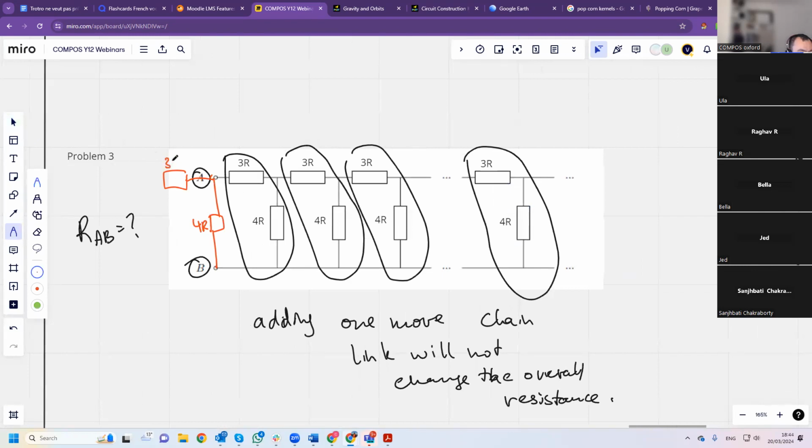I forgot that I can't add on the right. I can add on the left. Adding another 3 and another 4 here will not change the overall resistance. I can add another 4R and a 3R, and the resistance will still be the same.